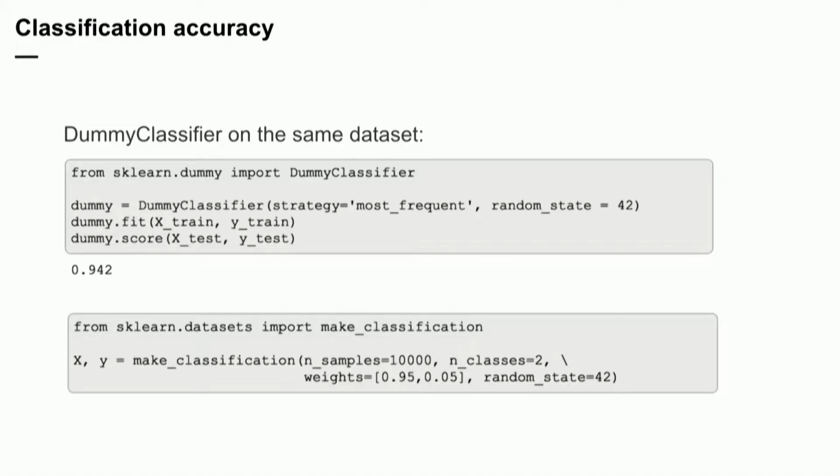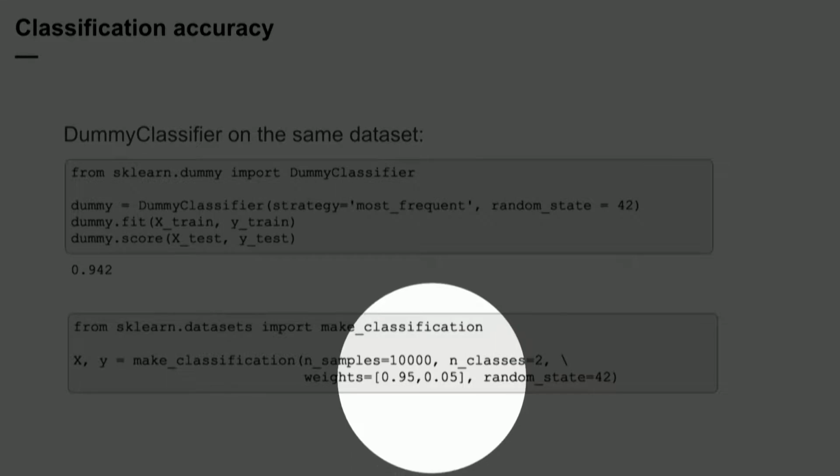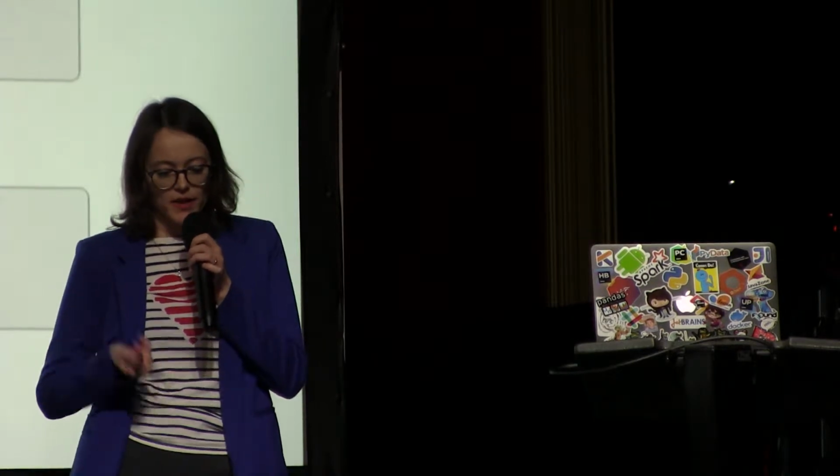For this example, I just made a classification problem where 95% of samples are negative and only 5% are positive. So this is a class imbalance data set. That's why simply predicting the most frequent value is going to give me about 95%. In this case, 94% is because of how the data got split.